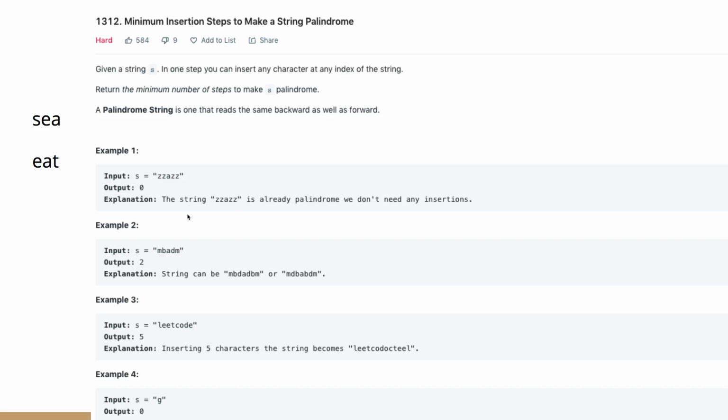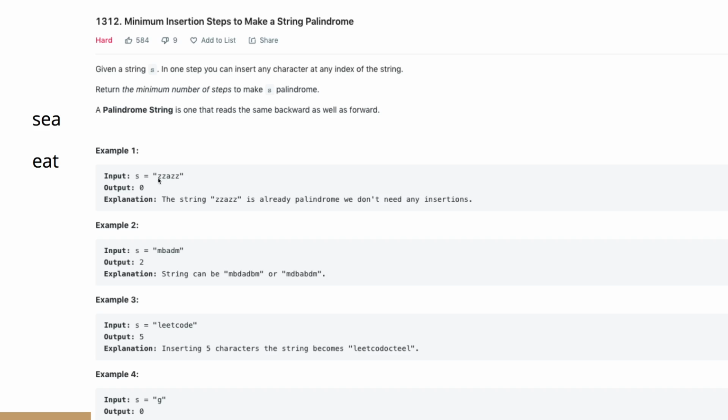So now we still need an index from the left hand side and from the right hand side, and we still have two cases. When they are equal, perfect. We can move the index to the right, and move the other index to the left. So they're coming from both sides, moving toward the middle.